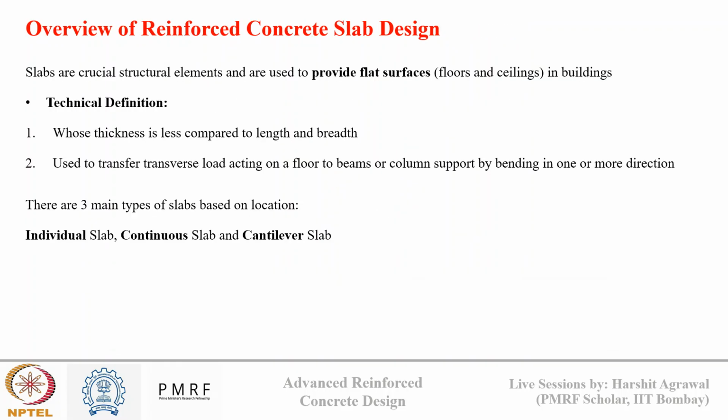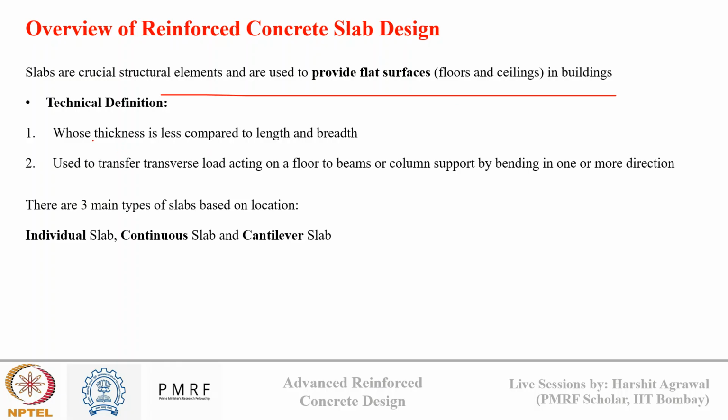So for the final section of the course, we will discuss design of reinforced concrete slab. If we see a very basic description of slab, we can say that slab is a crucial structural element used to provide flat surfaces in terms of floors and ceilings in a reinforced concrete building. And from technical point of view, slab has two key descriptions.